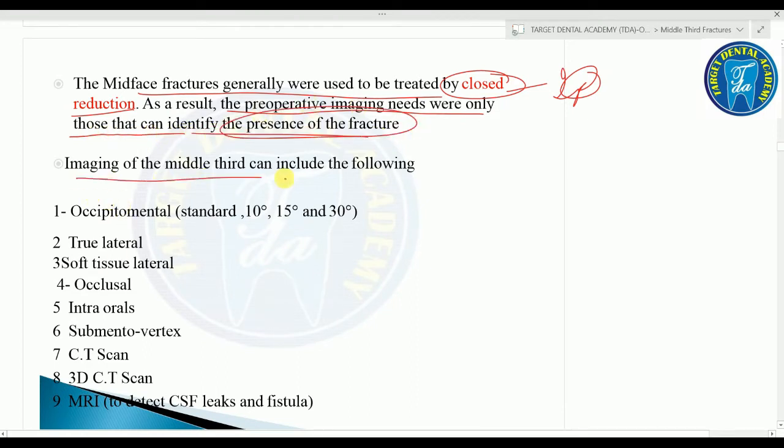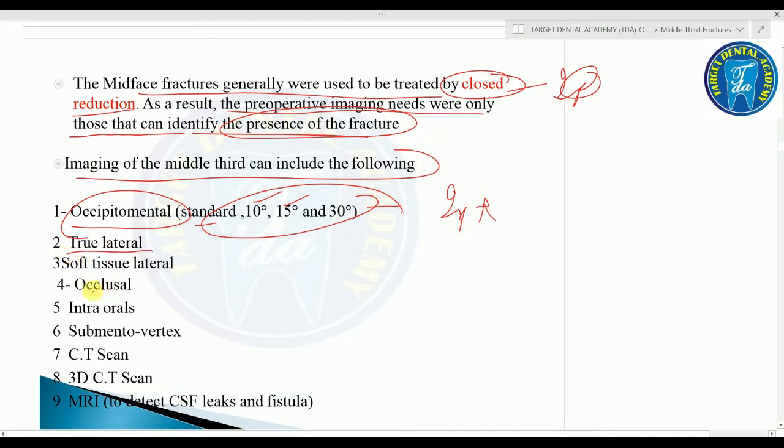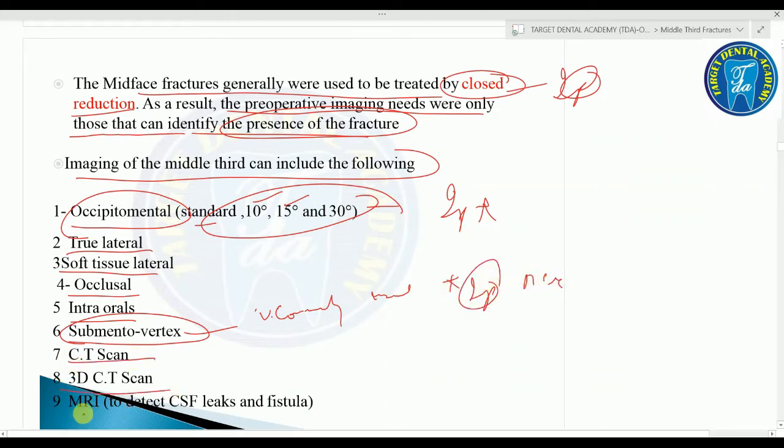So the imaging of the middle third includes the occipitomental with the standard of 10 degree, 15 and 30 degree, important for your MCQ. True lateral, soft tissue lateral, occlusal, intraoral, submentovertex, which is very commonly used, important MCQ. CT scan, 3D CT scan and MRI to detect the CSF leaks and the fistula.